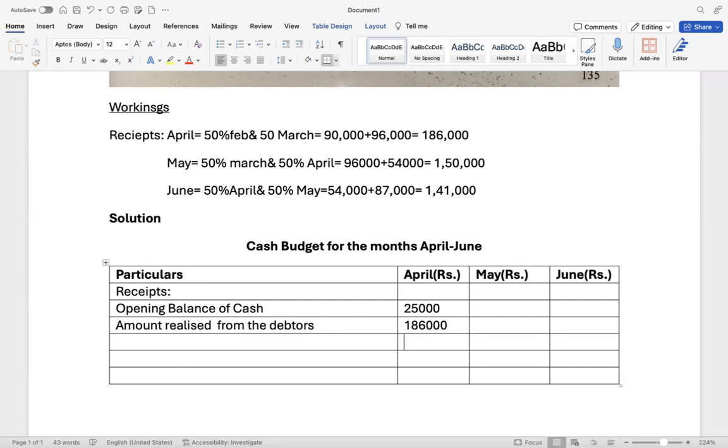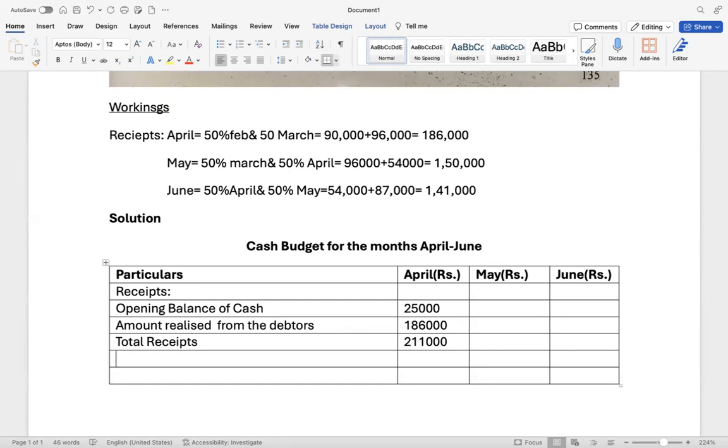Okay, the total comes to 2,11,000. This is the total amount. You can simply write total receipts.